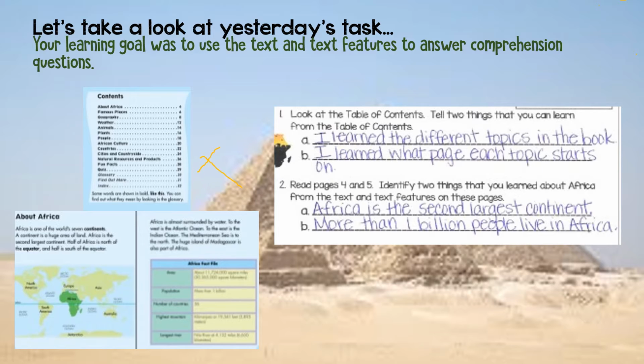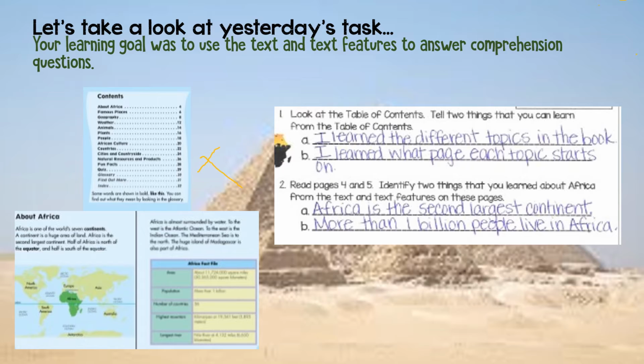For question number 1, look at the table of contents and tell 2 things that you can learn from the table of contents. Well, there were lots of things that you could have discovered. I learned the different topics in the book, and I also learned what page each topic starts on. Question number 2, read pages 4 and 5.